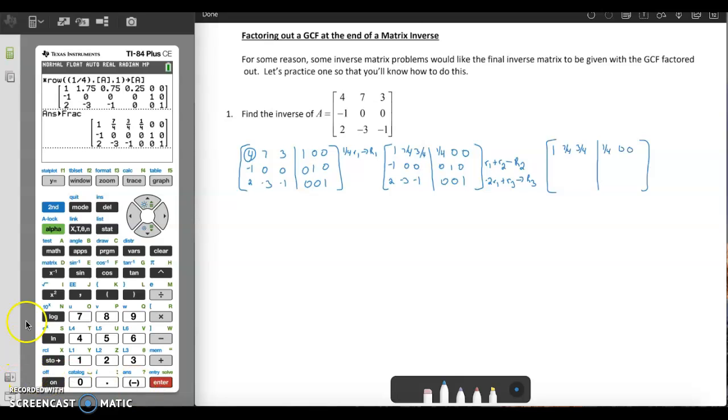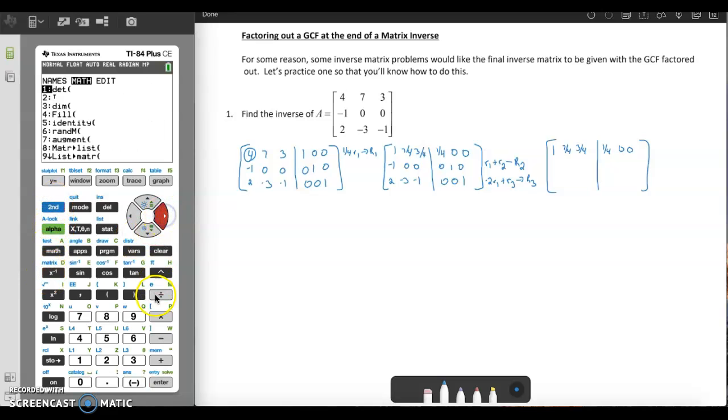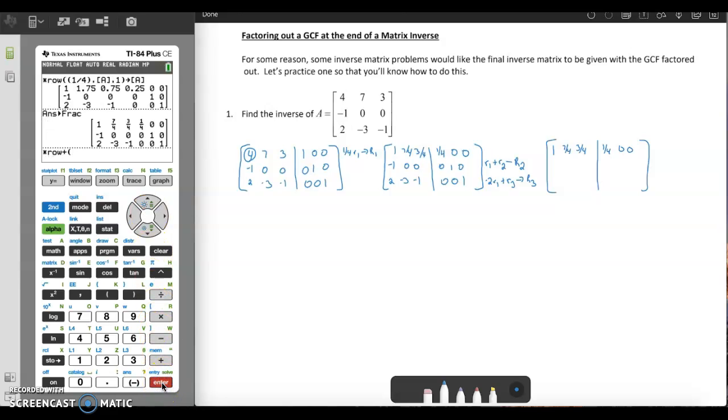Okay, so let's go back into our calculator. We're going to do second matrix math. This time we need times row plus. In the first one, we're doing a multiplication of 1.